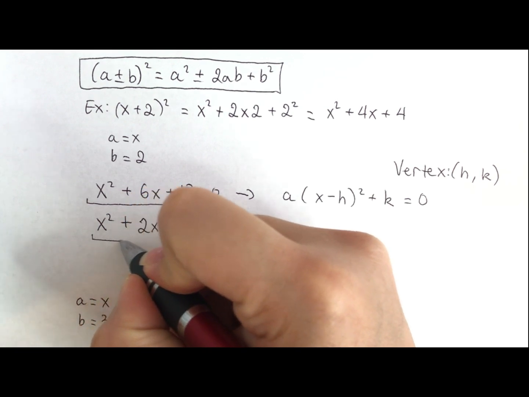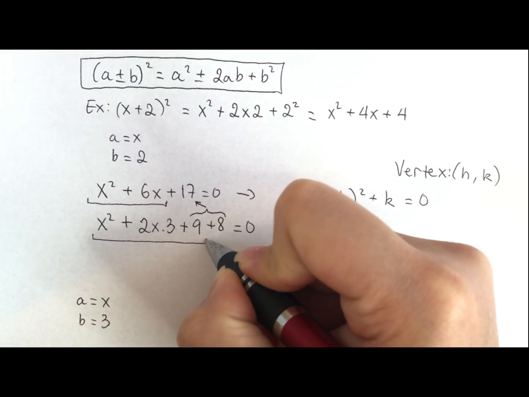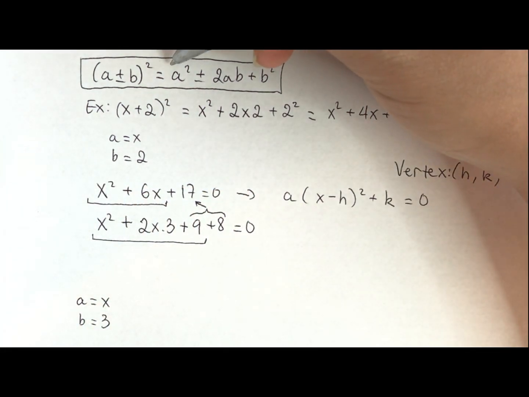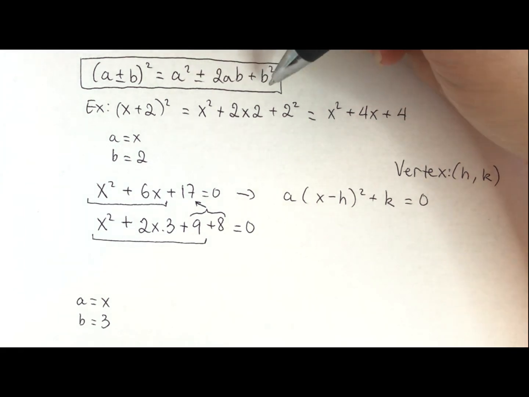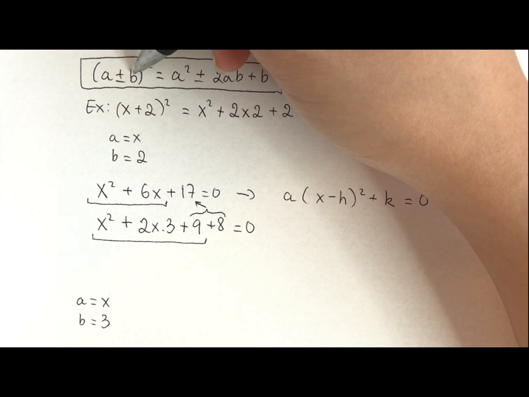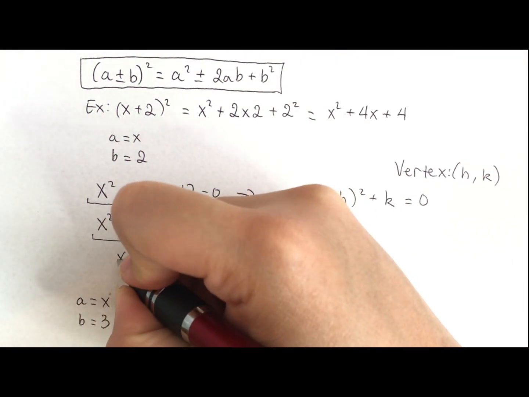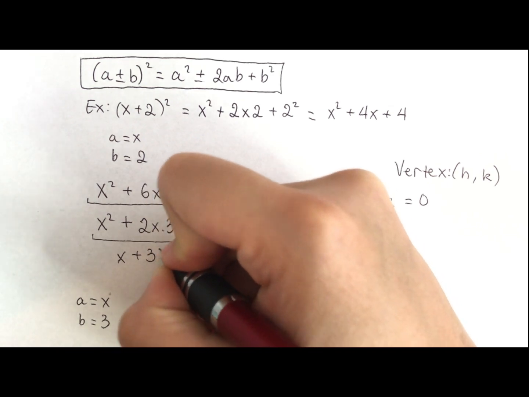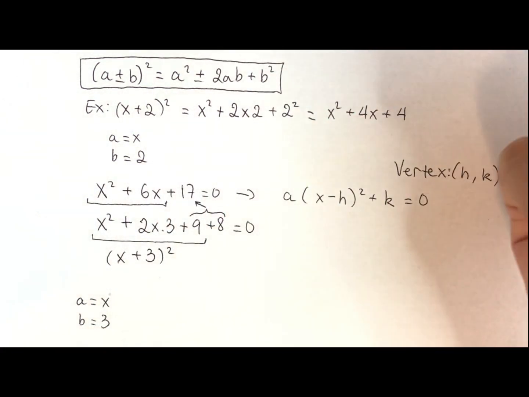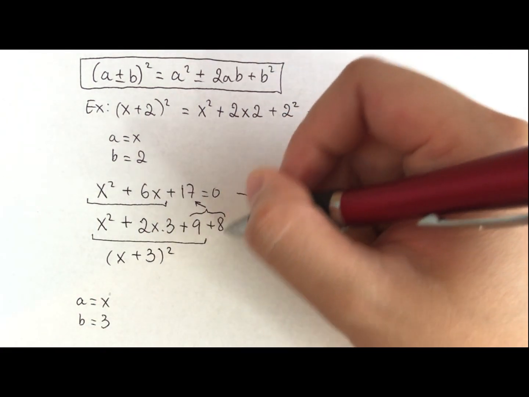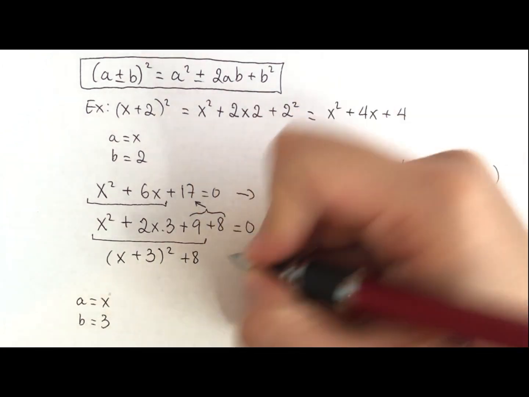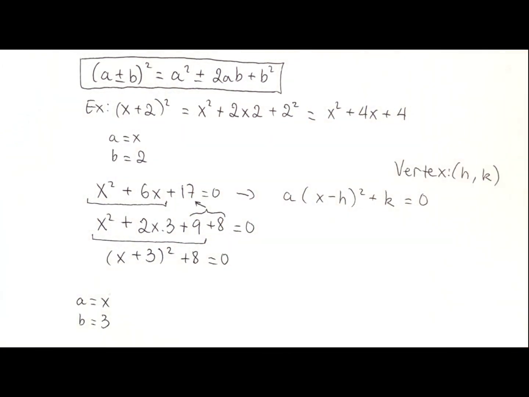Right now, we know that this part right here is exactly what we have in our formula on the right hand side. So now we can simplify it into the left hand side, which is just (x plus 3) squared, and then we still have a plus 8 equals 0.